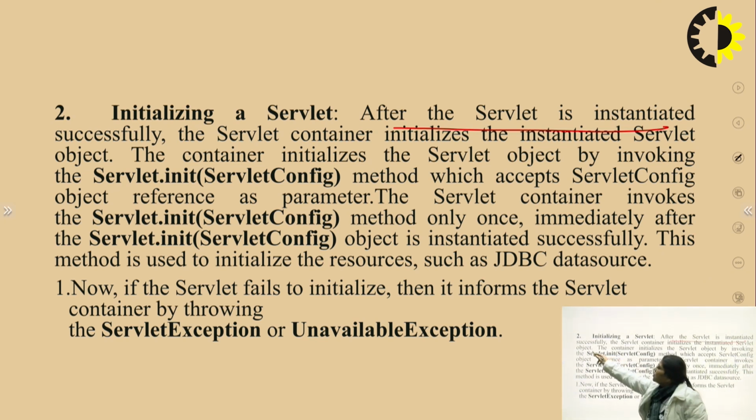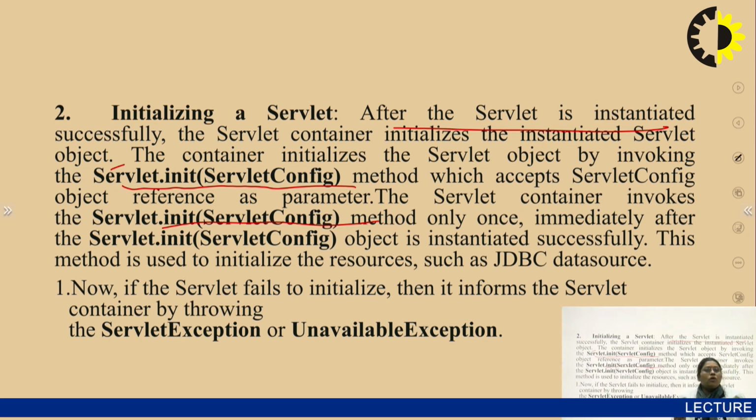For initialization of the servlet, we use the statement servlet.init(servletConfig). This method accepts the servlet config as a parameter and it will initialize this servlet. This init method is always invoked only once. In the whole process, the init function will be invoked only once.